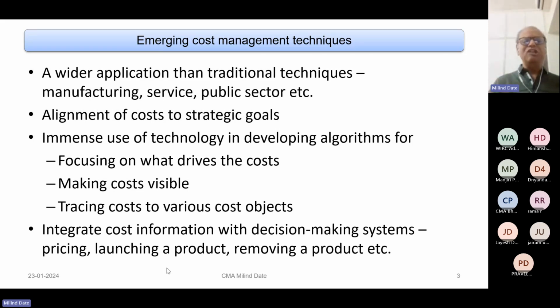Whenever you are launching a new product, traditional techniques such as cost plus profit equal to price actually don't work, because the price is market driven. So you may have to assume the price as given by the market and then manage your costs to make a reasonable margin on that.